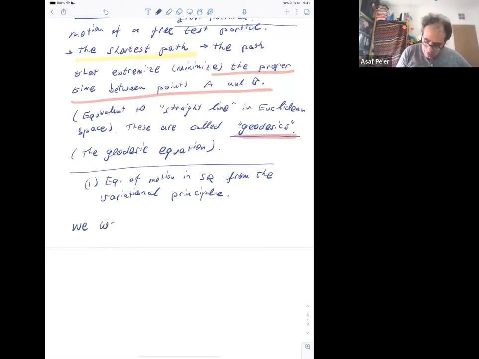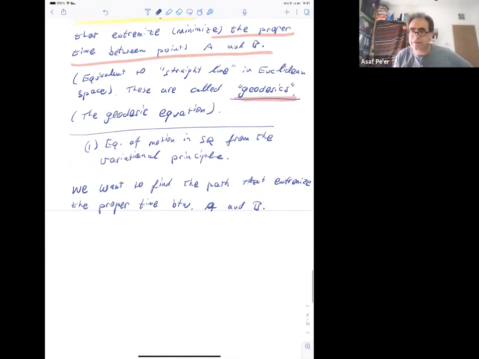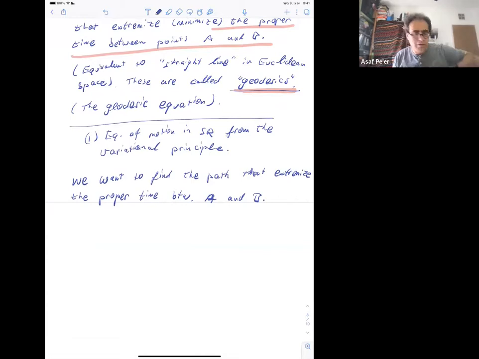We want to find the path that extremize the proper time between A and B. Right? There's 2 points in space. The particle moves from A to B. So tau from A to B is just integral from A to B of d tau.